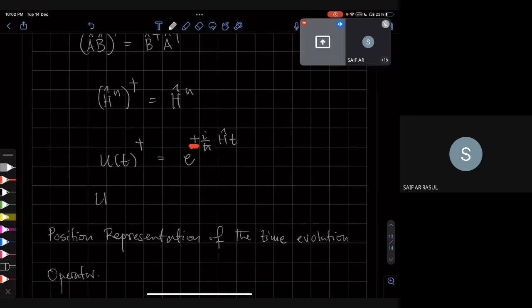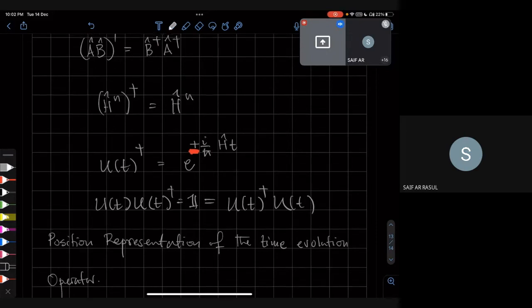So if I multiply U of t with U dagger of t, I get 1. And it doesn't matter which order I do this. I should probably be consistent and put the dagger here. So that means that U dagger of t is the inverse of U.